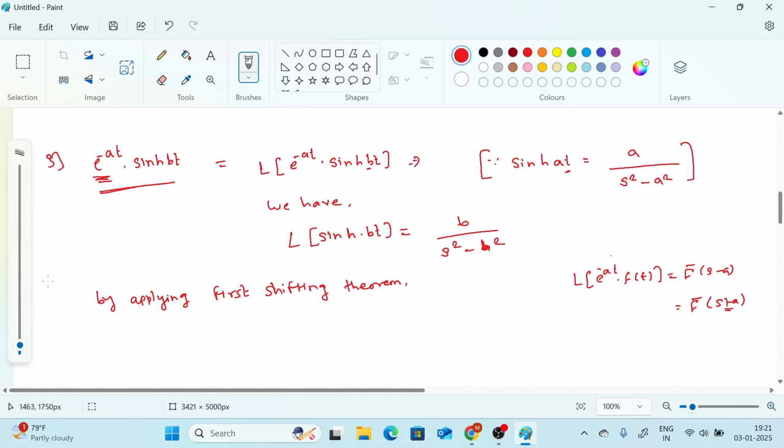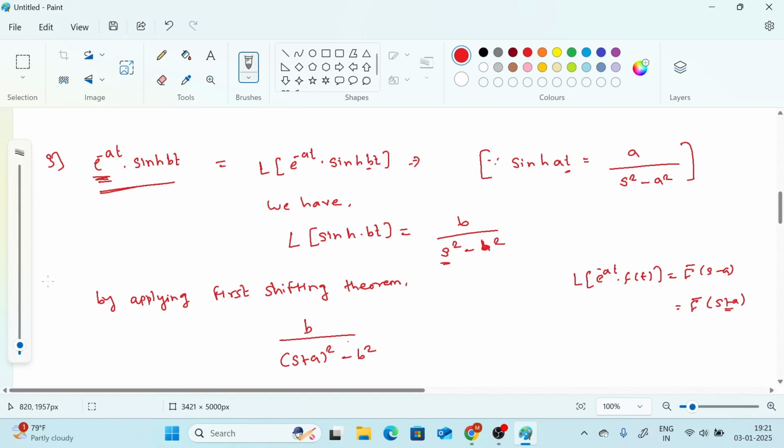So now what we have to do? We have to put s plus a at the place of s. So b upon (s plus a) bracket square minus b square, right?